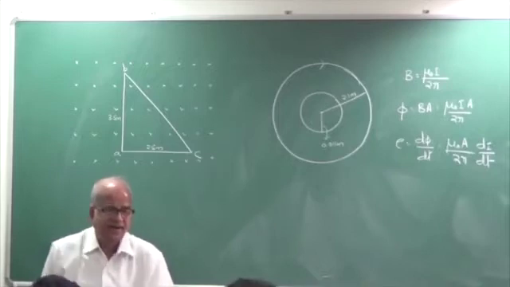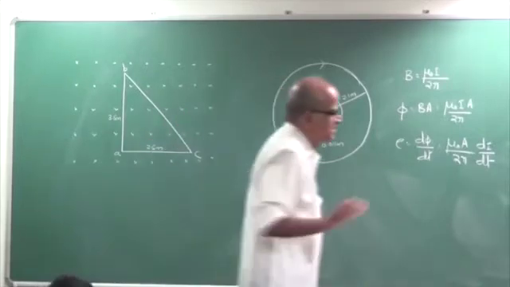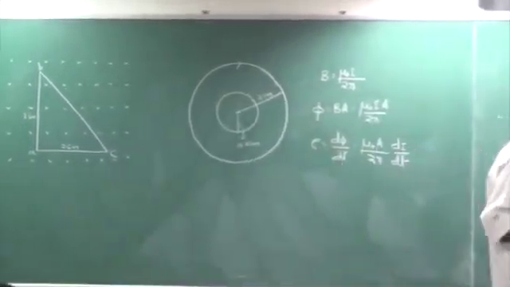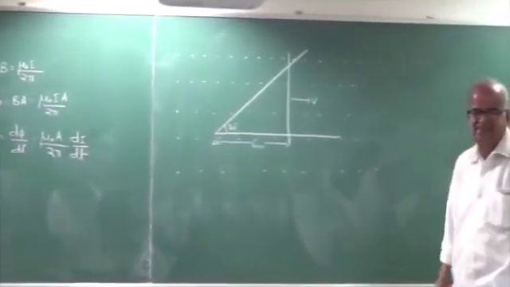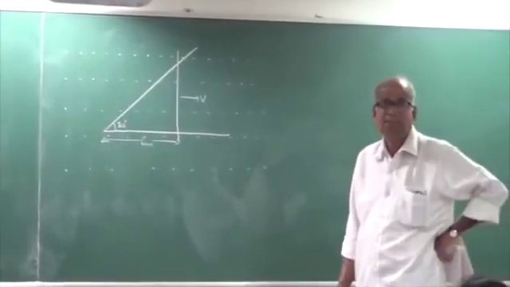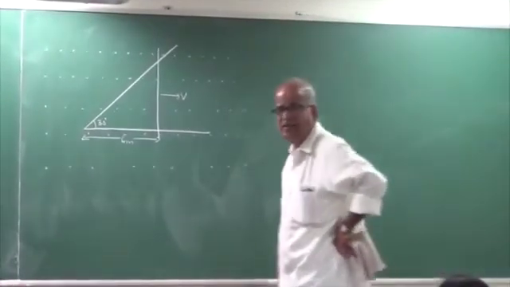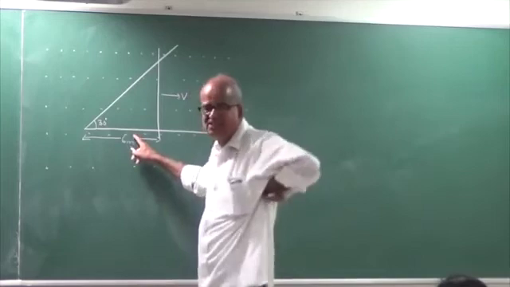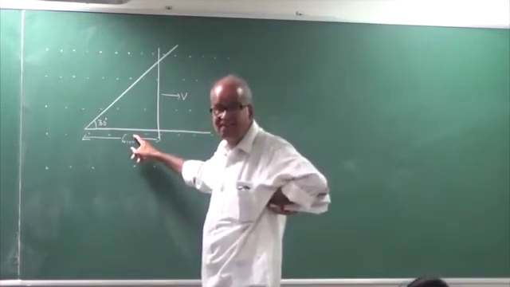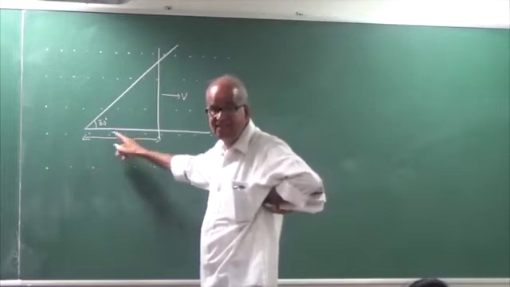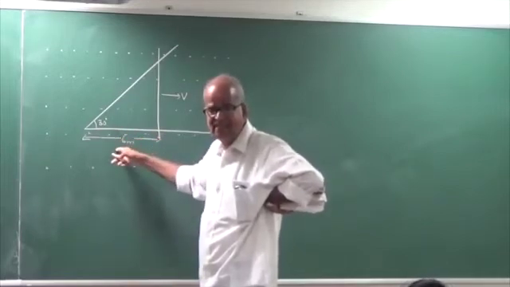Now, tell me how to do this. First part we will see, the others you try at home. Area of this triangle is how much? He has given it as 6 meters.